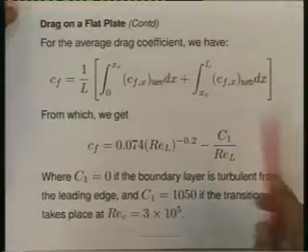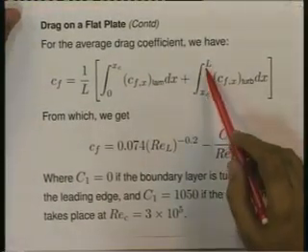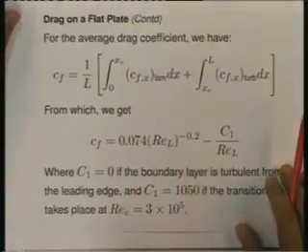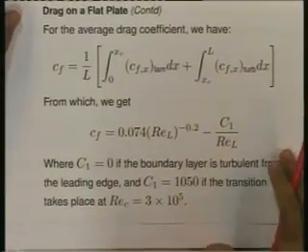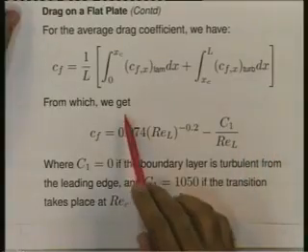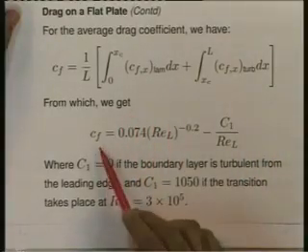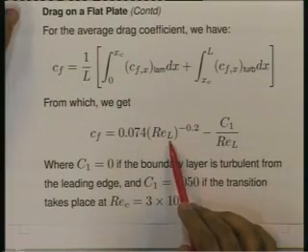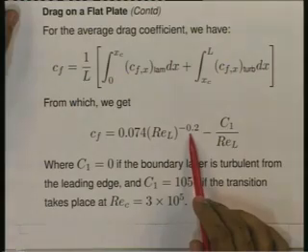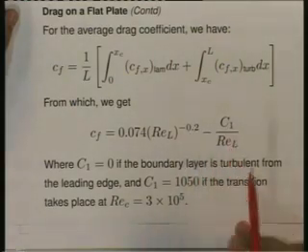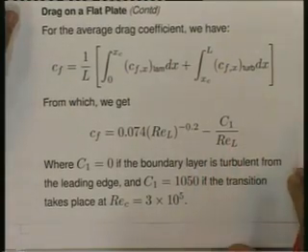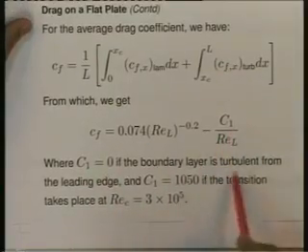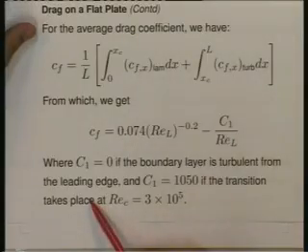Assuming that XC is less than L, that means we have partly laminar and partly turbulent boundary layer, we get after this integration CF equal to 0.074 REL raised to minus 0.2 minus C1 divided by REL, where C1 is 0 if the boundary layer is turbulent from the leading edge.